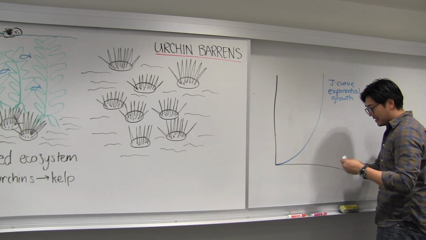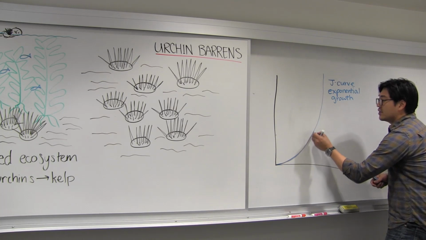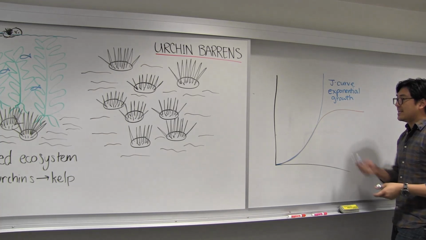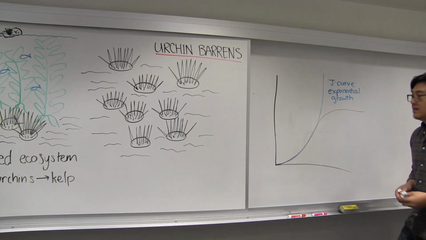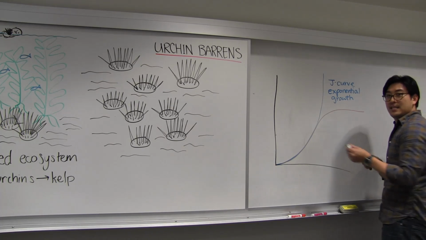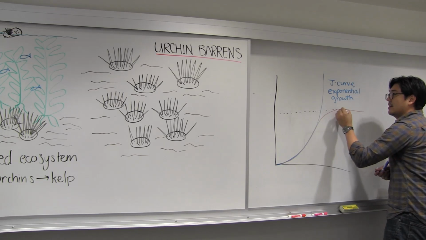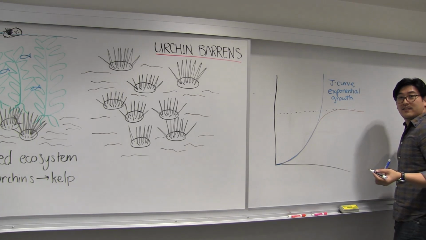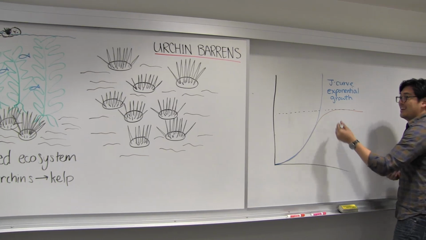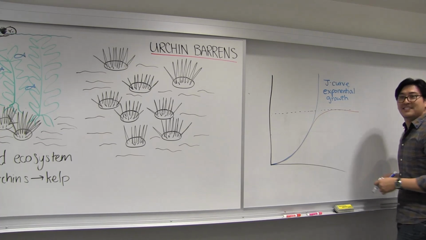What it starts to look like is something very similar to our S-curve, and we understand that our S-curve is indicative of logistic growth. The reason this happens is something called carrying capacity, which is where the amount of kelp is limited.